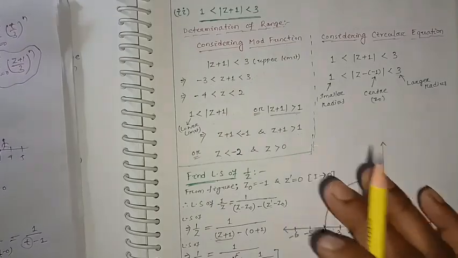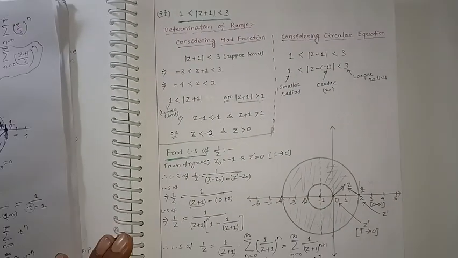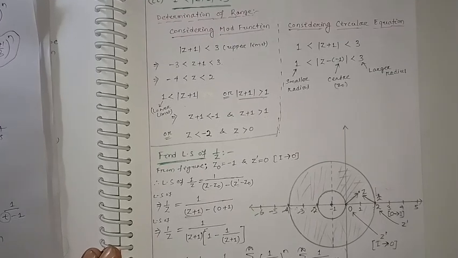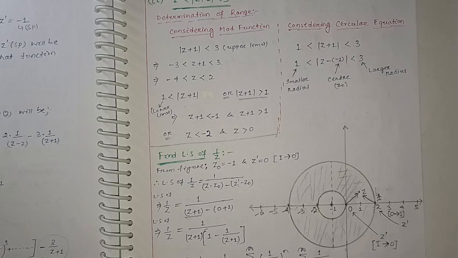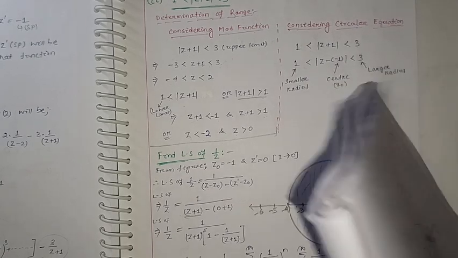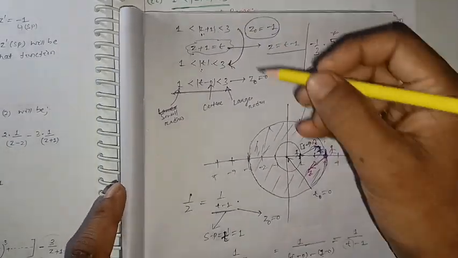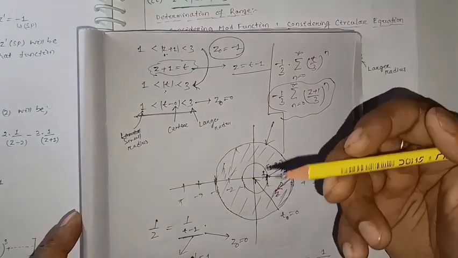So I suggest that you consider the procedure we used in our last class, practice it, and write it in your notes perfectly for your exam. Again, if you want, you can also write in this way.